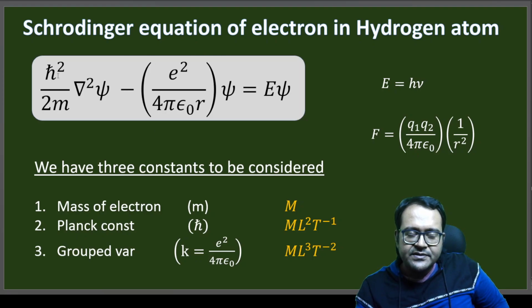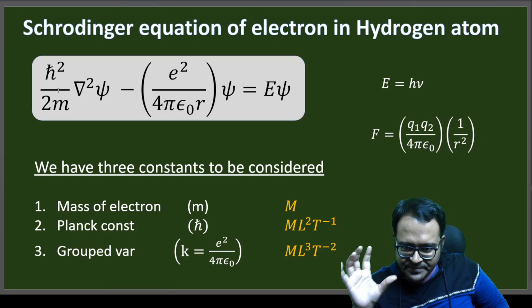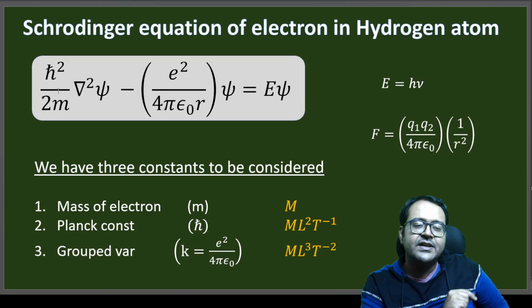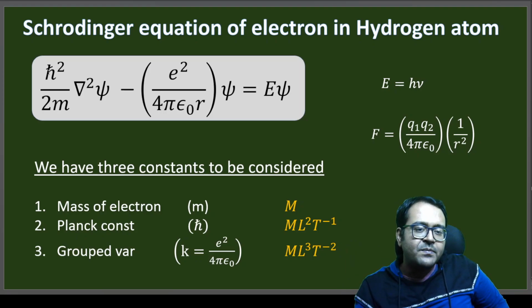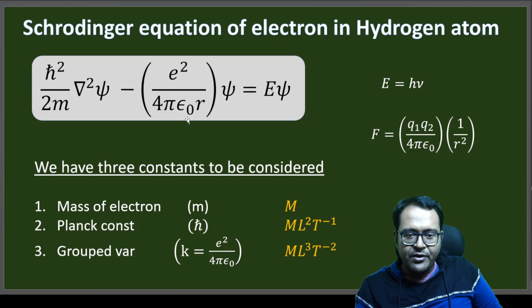We have a few constants there. One is h bar, another is the mass of the electron, the charge of the electron, and epsilon naught. So these values we know. In a problem, let's say it's an unknown problem, something of the dimension of length is to be considered, and that problem involves h bar, mass, charge, and epsilon naught.